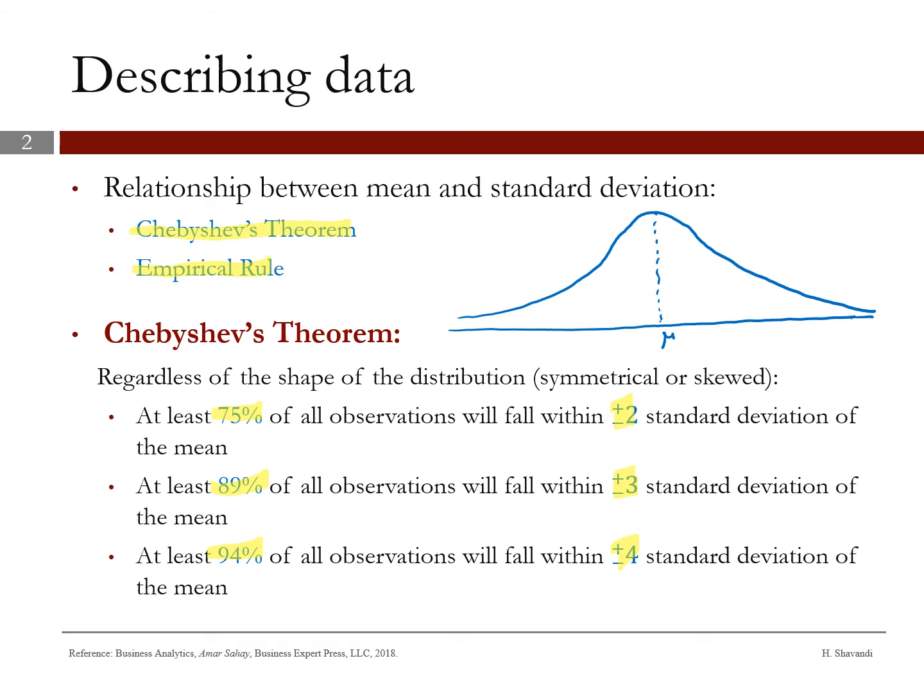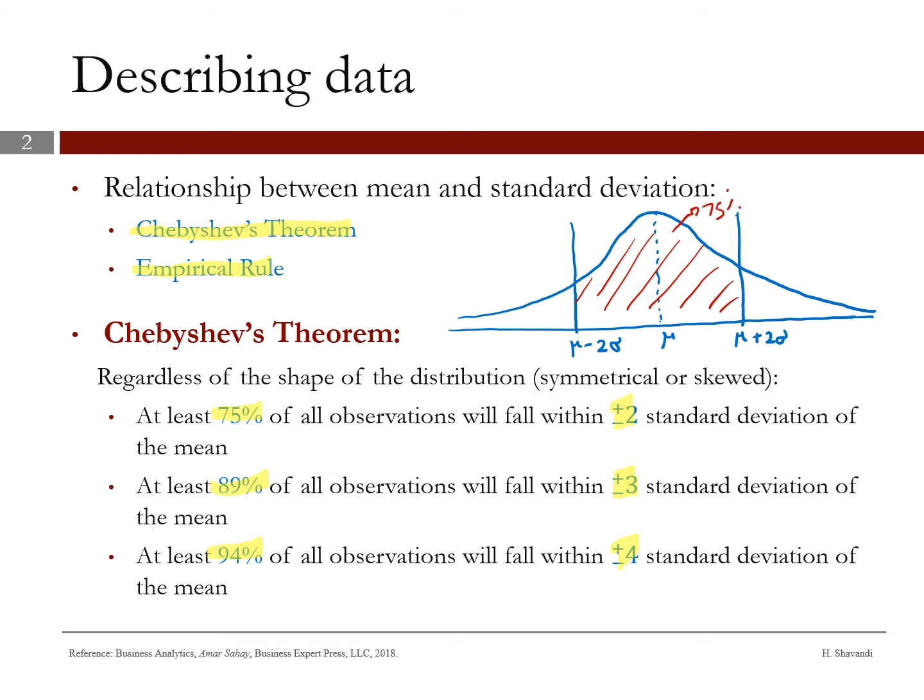The plus minus 2 standard deviation means here mu minus 2 sigma and here mu plus 2 sigma. Chebyshev's theorem says that 75% of the data observations will fall within this range.